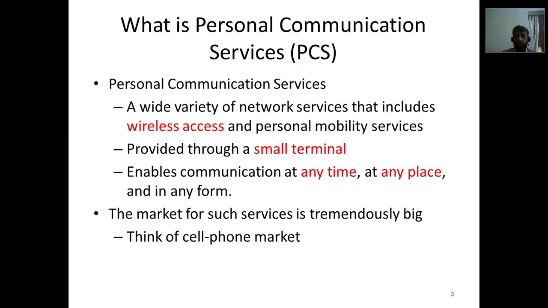And you can see that these types of services are available in a variety of different applications. A simple application can be our cellular phone. It provides mobility to the user as well as wireless access to provide communication with the base station or other users.